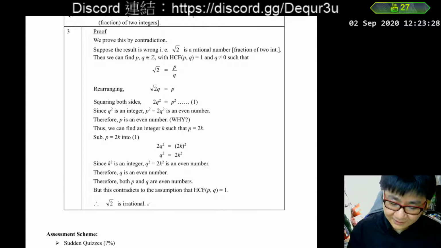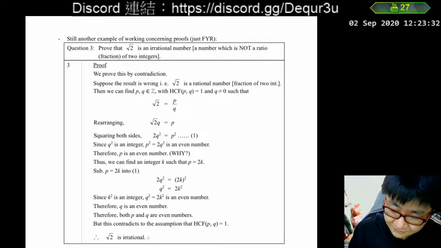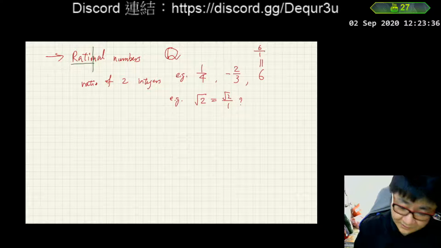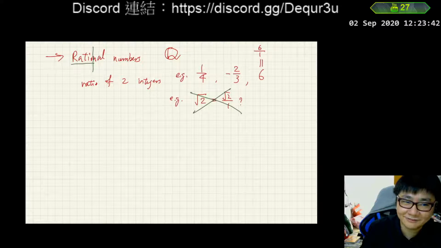Okay, so root 2 is irrational. I would also like to mention more common irrational numbers to you. Therefore, if you have notes here, put a big cross: root 2 is not a rational number.